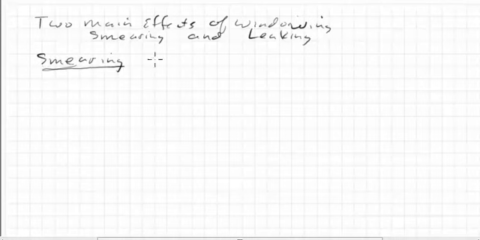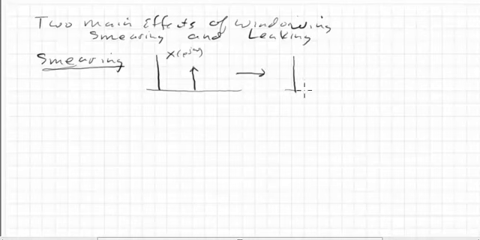Okay, and the idea is if we have a spectral line from a sinusoid, what we actually see when we observe it in a finite time window is this sinc function. So this is x windowed e to the j omega.